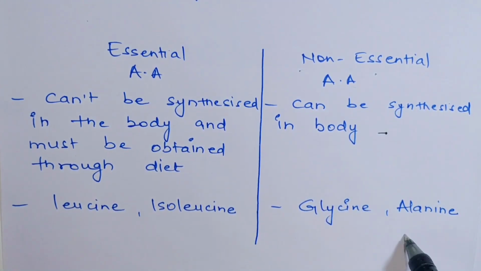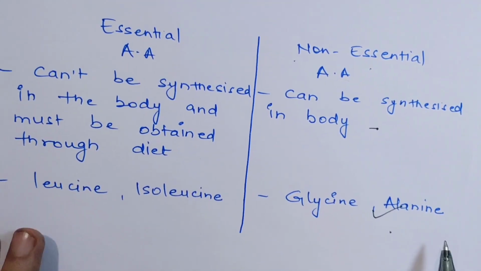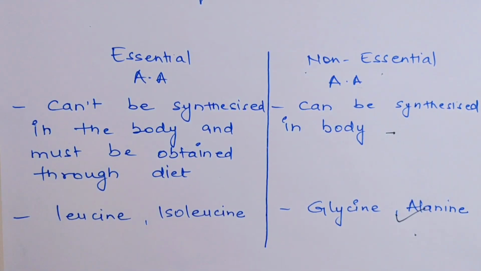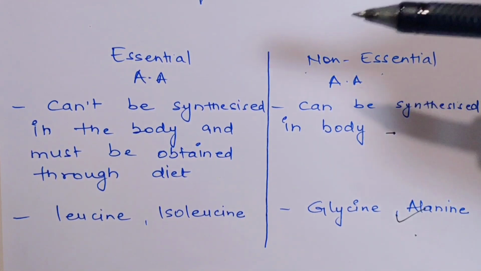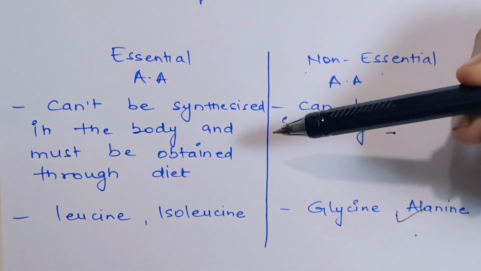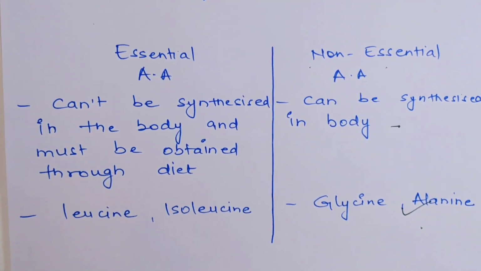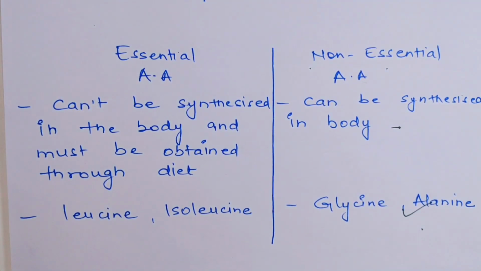Glycine and alanine you can write as 2 examples of non-essential. Then we have essential amino acids. These are the ones which our body cannot synthesize, so it's essential that we obtain them through diet. Leucine and isoleucine you can remember as essential amino acids.